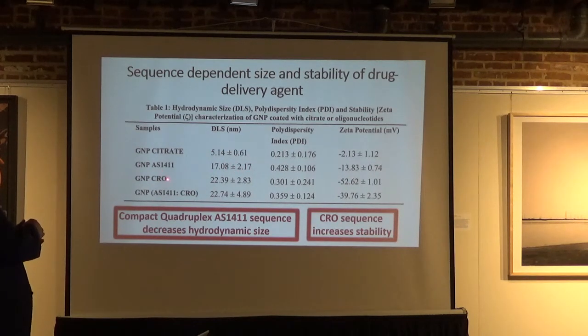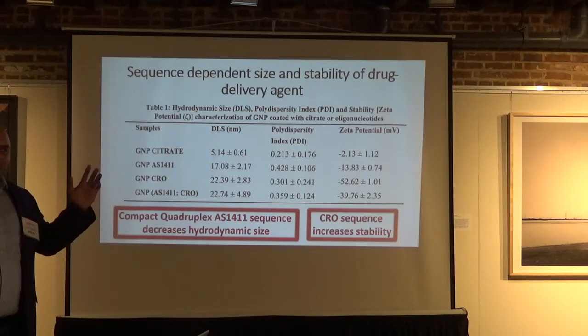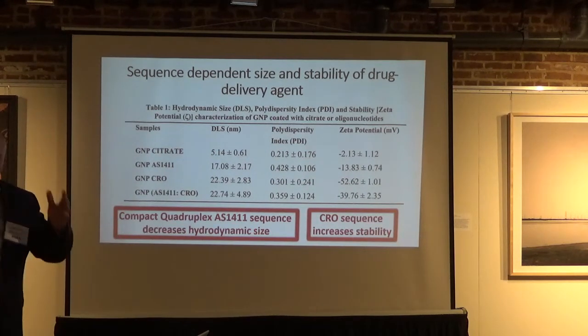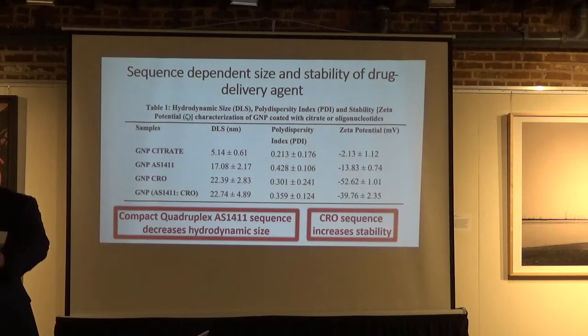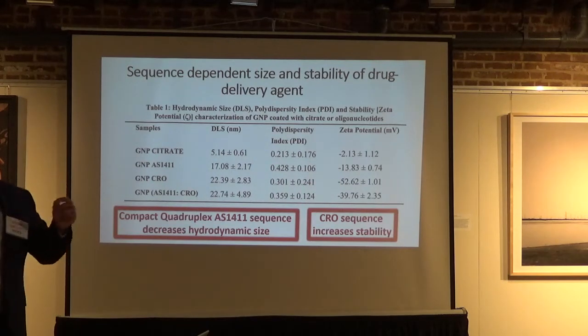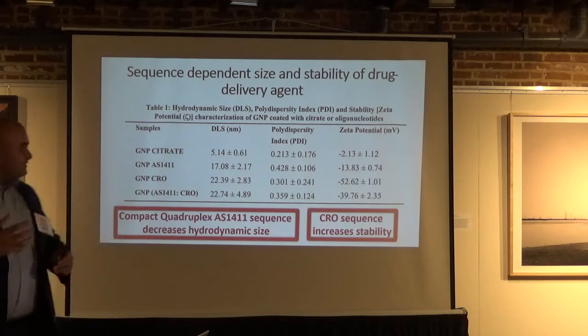But once it goes to CRO, it becomes at least 20 nanometers plus. Even if the instrument is not behaving well, it's plus 20 nanometers. So once you coat AS1411 and CRO at a 1:1 ratio onto this particle, you have a size at least bigger than AS1411. So this is what we find: the size is dependent on the sequence, just because it's a compact thing, right?